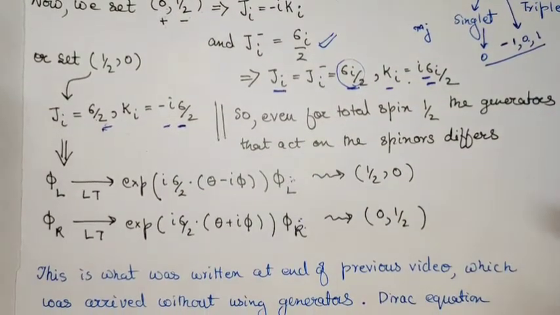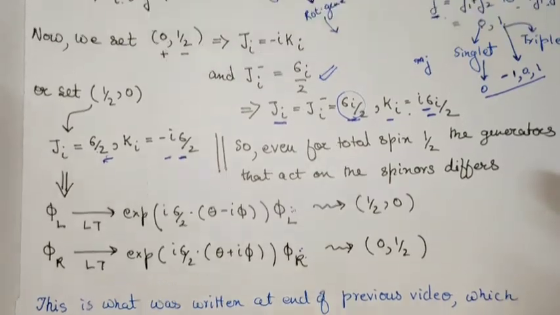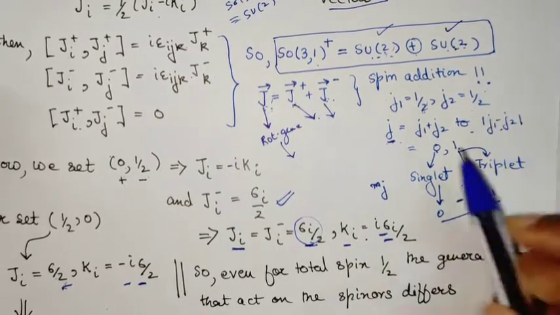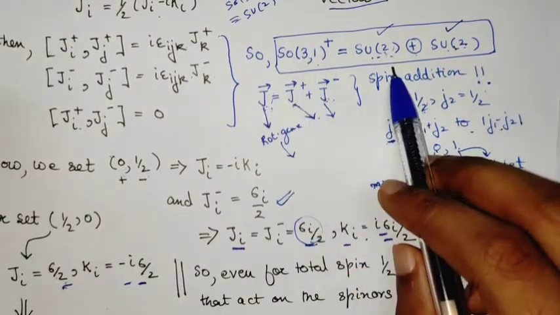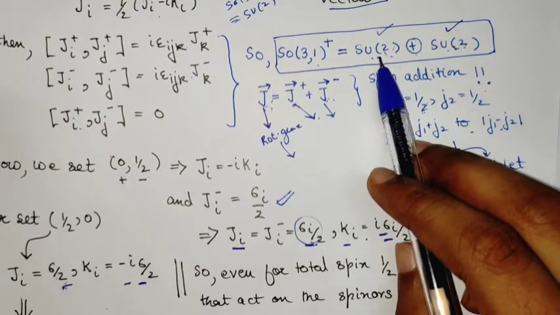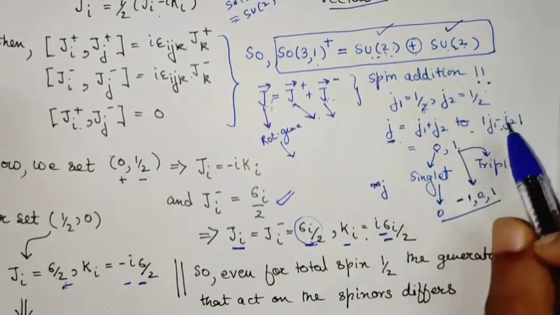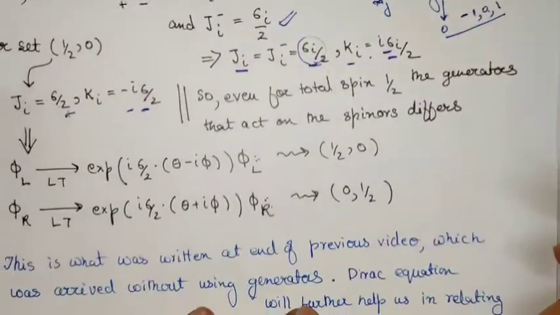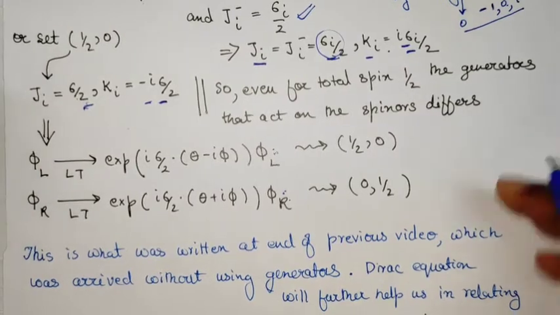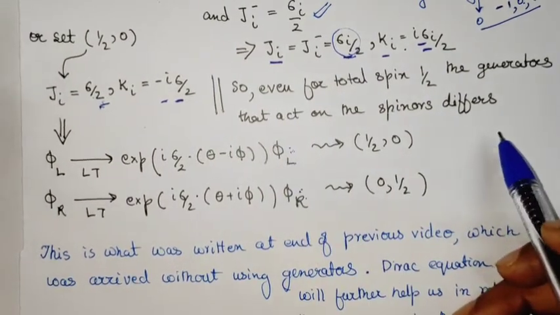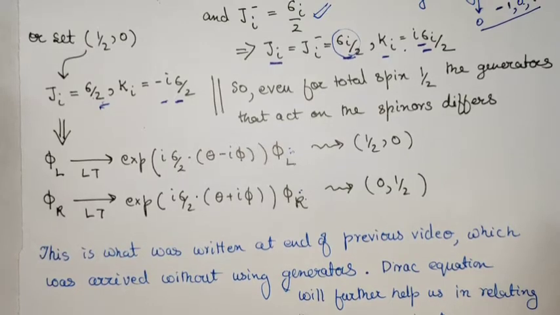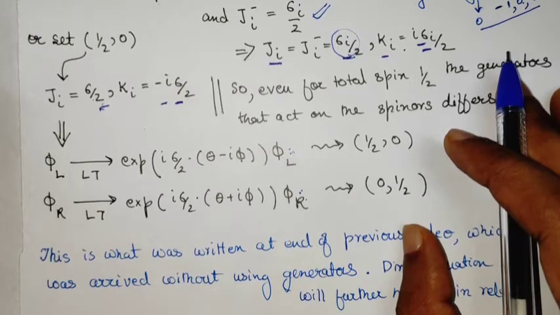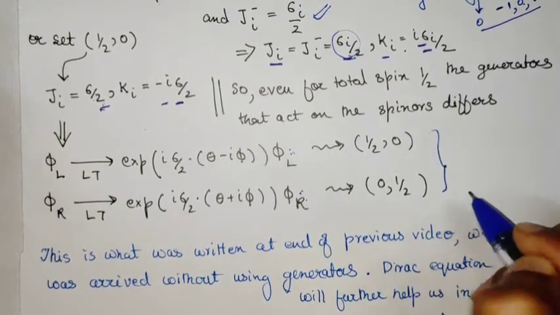So with this we understand that in reality this proper orthochronous Lorentz group can be split into a direct product of two SU2 groups, and because of such a distinction, we are getting these two spinors which are left-handed and right-handed. And the Dirac equation is in some sense a relation that relates the left-handed spinor with the right-handed.